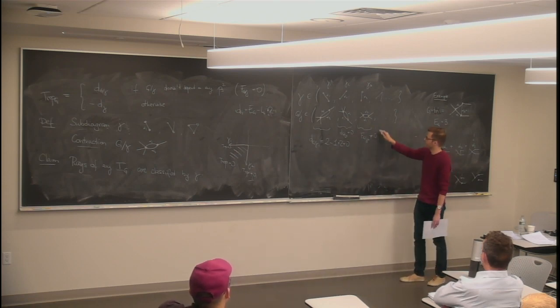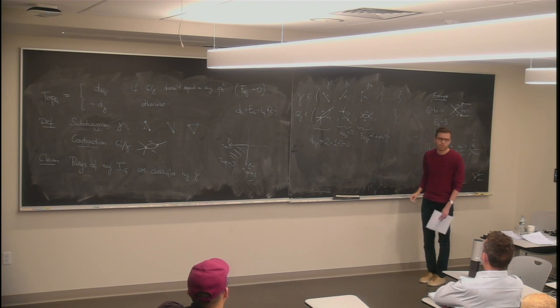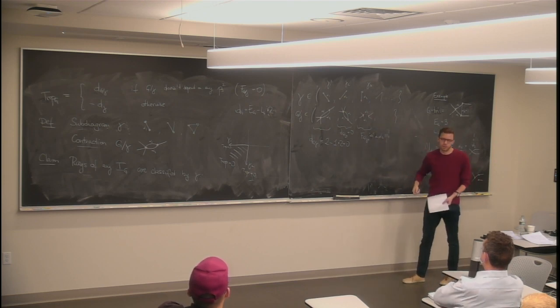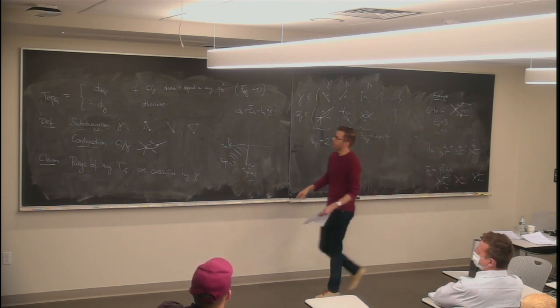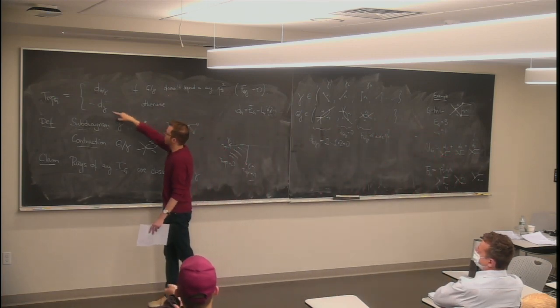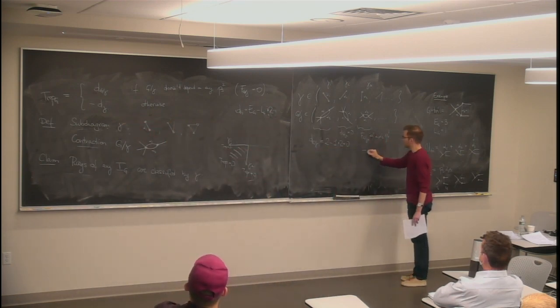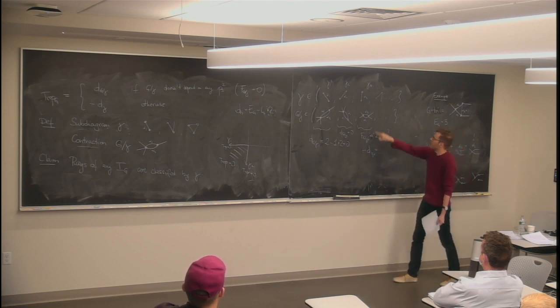But for this diagram, F of G mod gamma is non-zero. That's because we can obtain the span of the tree up here. So this means that we're supposed to apply this definition otherwise.